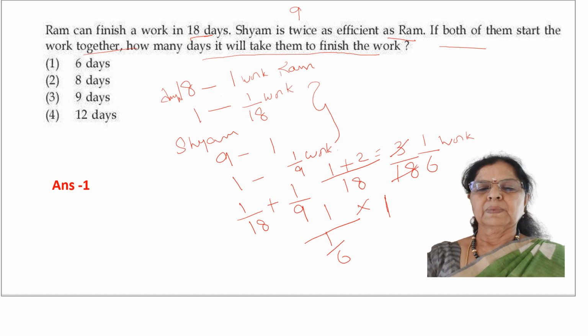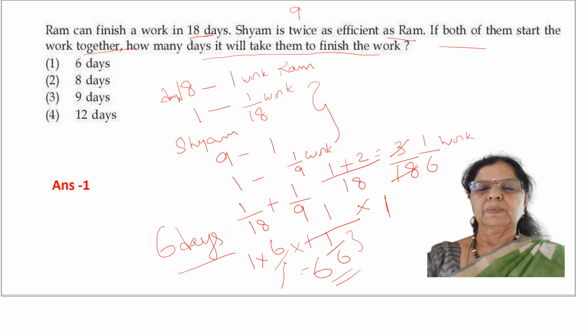So 1 divided by 1 by 6. When you are dividing, you should interchange the number and multiply. So 1 into 6 by 1. That becomes 6. So together they will finish the work in 6 days.